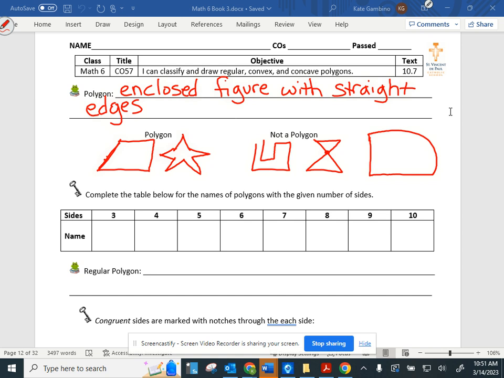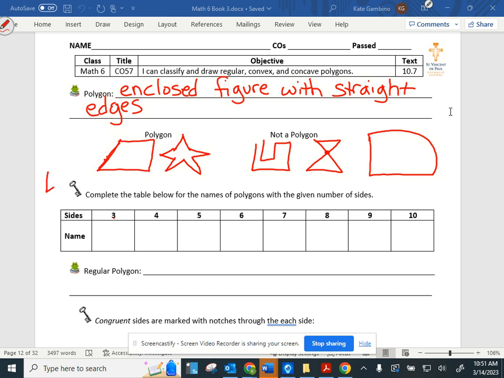So now we need to be able to name our polygons. Why do we think we're starting at 3? Why aren't we starting at 2? Amelia? Because like a square can't have like 2 sides, it can only have like 3 or like more than that. Yeah.